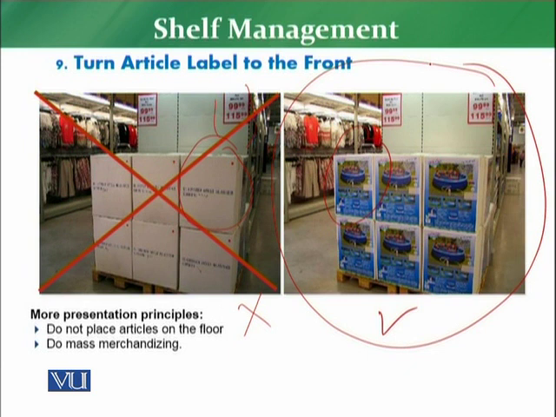And you have to keep these 2 points in consideration: do not place articles on the floor. Again, the basic principle is that you should have proper pallets to make product displays. The product should not touch the floor directly. And the mass merchandising should be very much there, because that will create an appeal to the customer to buy the product from the retailer.